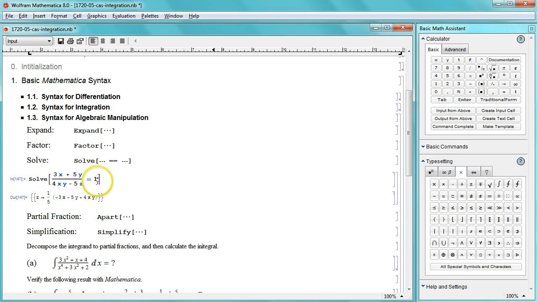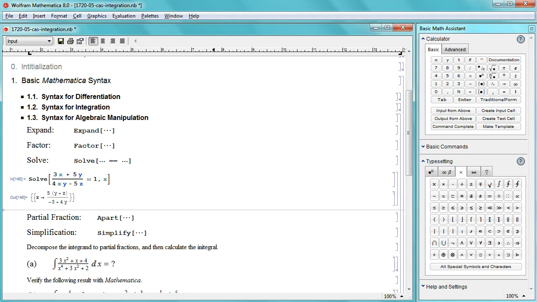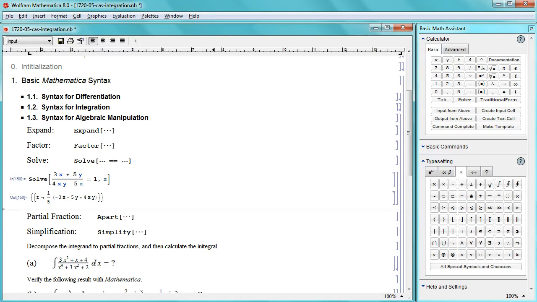But of course, in order to be more precise, you have to specify with respect to which variable you want to solve. I want to solve it for x, comma x, and Mathematica will solve it for x. If I want to solve it for y, comma y, and it solves it for y, and then if I want to solve it for z, we get the answer like that. So the Solve command is useful, and it requires a bit of practice.